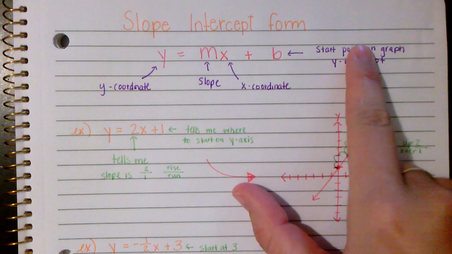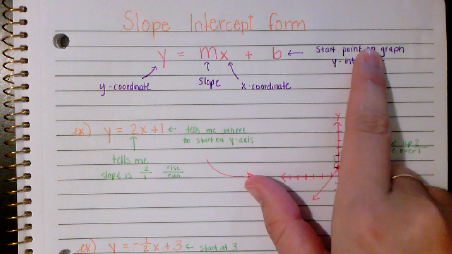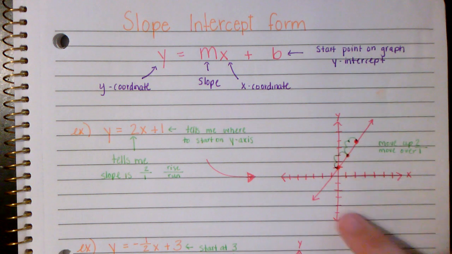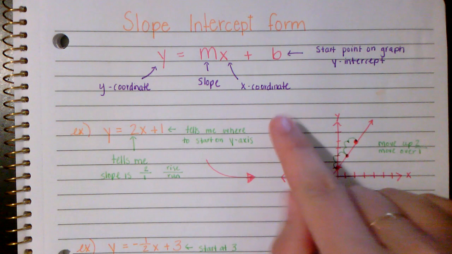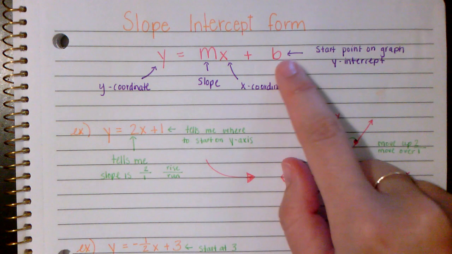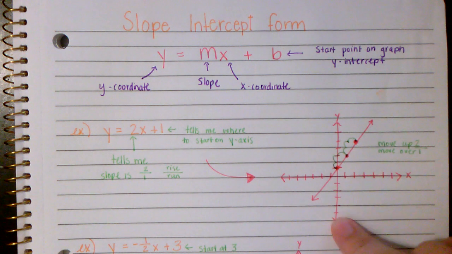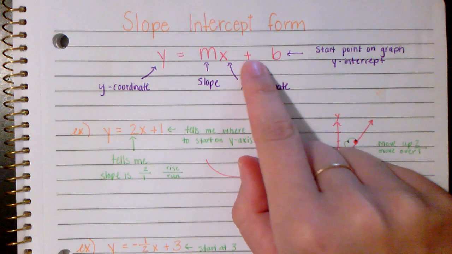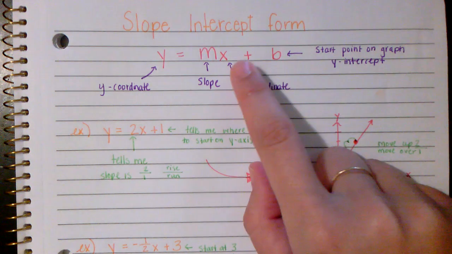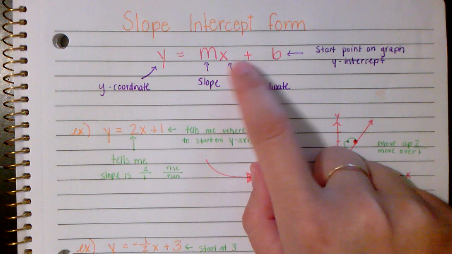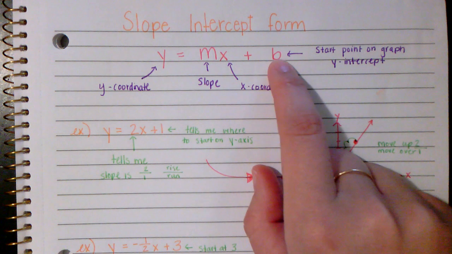Now, the b stands for your starting point on the graph. It's where it crosses the y-axis. It's your y-intercept. If your b is a negative point on the y-axis, it would be minus b, right? So it would be mx minus 3 if you started at negative 3.